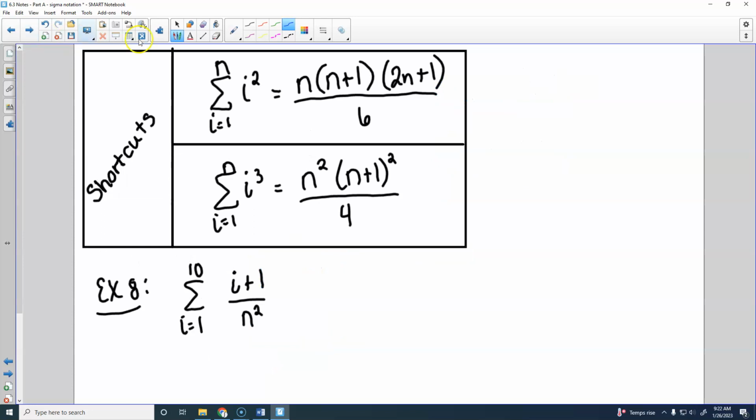All right, so we are not going to do the proofs for I squared or I to the third, but these are the shortcut rules for I squared and I to the third.